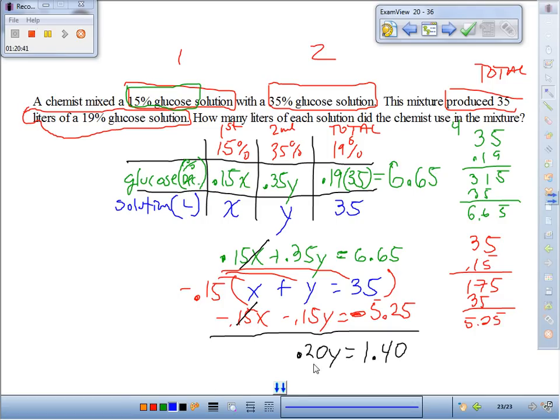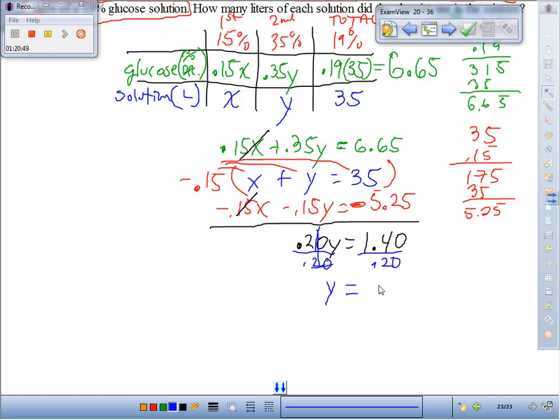At the end, divide by 0.20. Y is equal to 1.40 divided by 0.20. Move the decimal twice. 20 fits into 140 how many times? 7. So therefore, this is 7 liters.